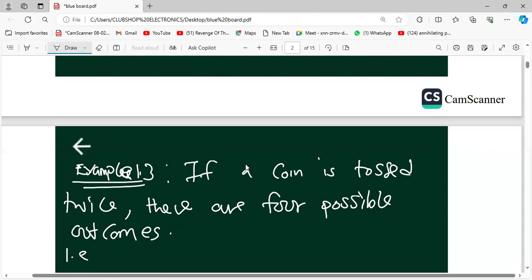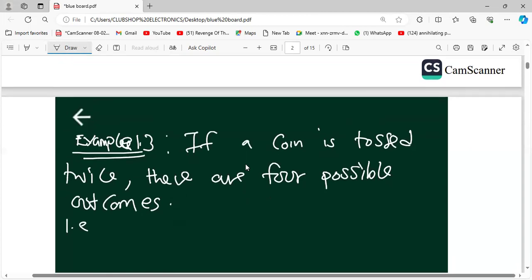That is, if you toss a coin for the first time, the head appears, and as you toss for the second time, head may appear as well. You have got head, head. That is the first possibility.